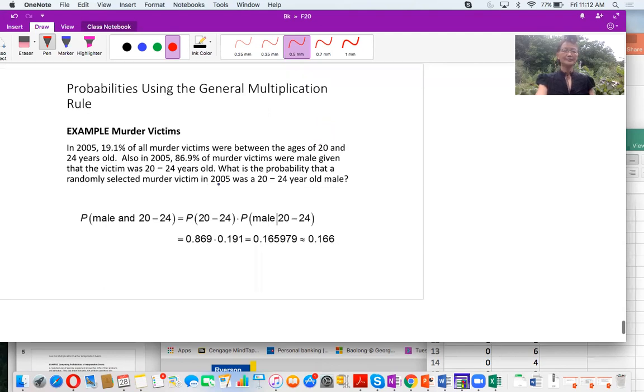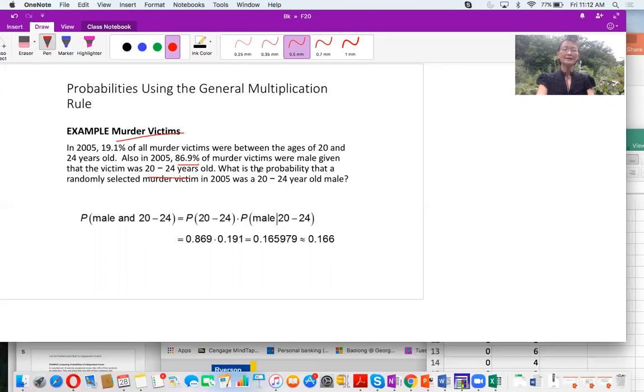Now an example, again in a similar context. In 2005, 19.1% of all murder victims were between ages 20 to 24 years old. Also in 2005, 98.9% of murder victims were male, given that the victim was 20 to 24 years old.